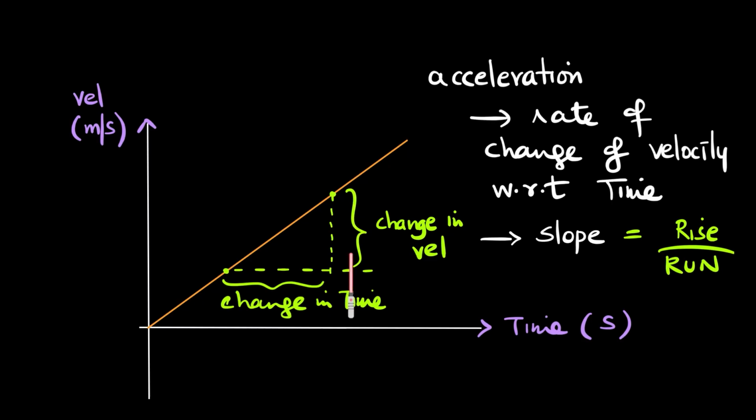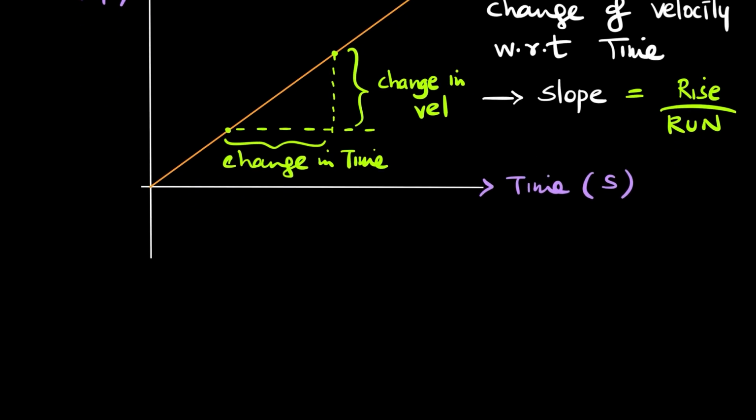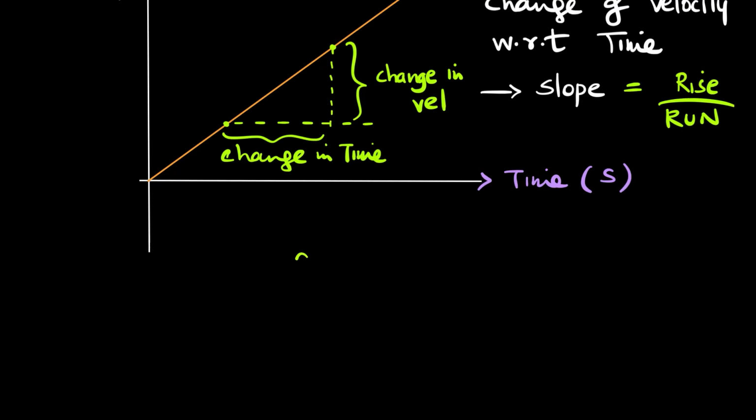This is the rise, that is the change in velocity. This is the run, that is the change in time. And that gives us acceleration. So in a velocity time graph, the slope represents the acceleration. What are the units for acceleration? The units for acceleration is meter per second square.